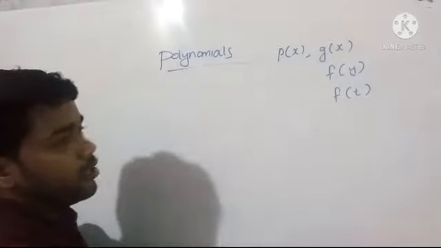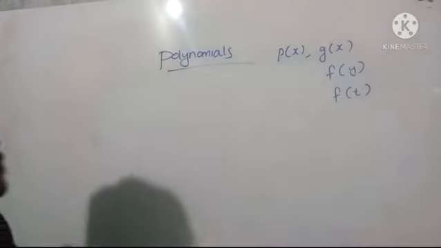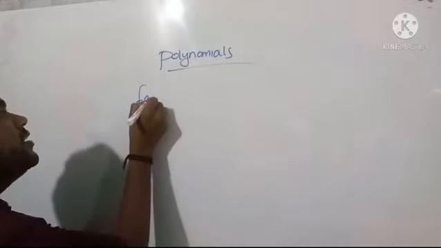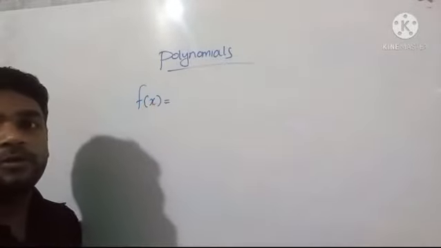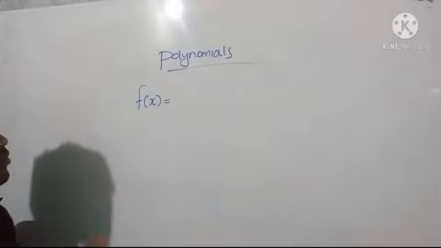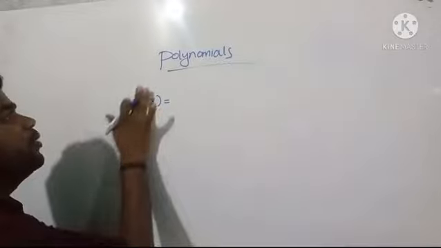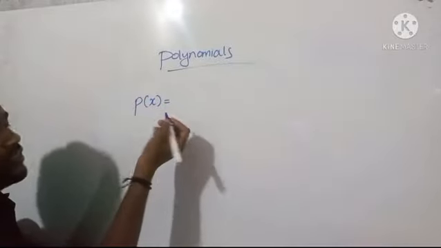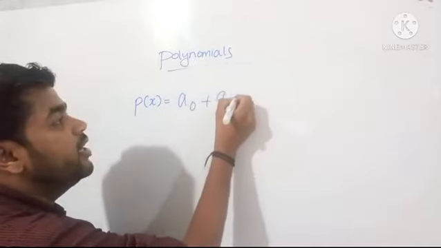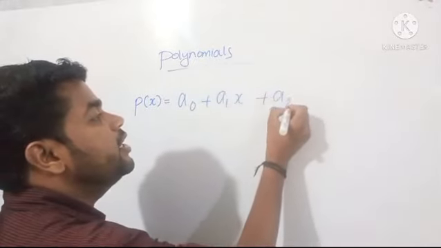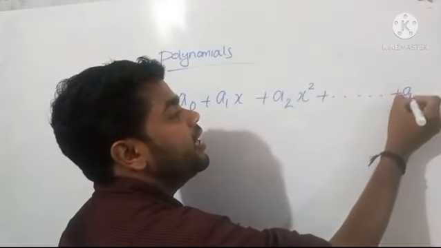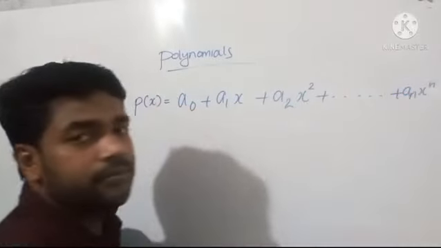Then the general form of a polynomial: an expression of the form f of x, or you can call it p of x, no problem. p of x is equal to a0 plus a1x plus a2x square plus etc plus an x raised to n.